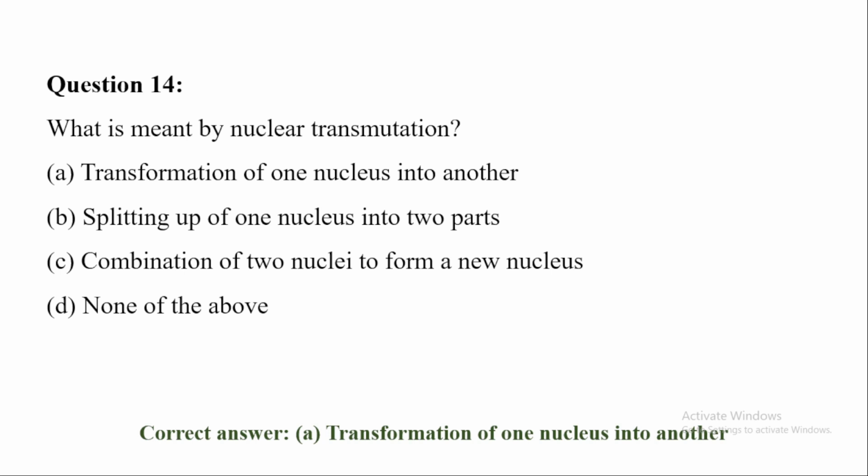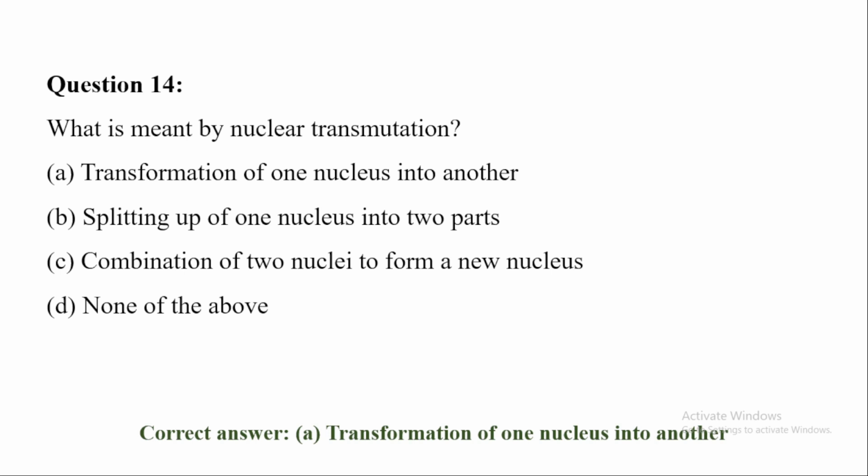And the combination of two nuclei to form a new nucleus is called... two nuclei combine to form one nucleus. So what is happening? Fusion is happening. So it is nuclear fusion.